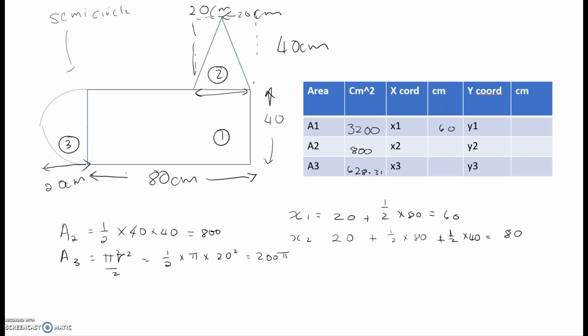So 20 plus 40 plus another 20, that gives us 80. Now for the y2, we'll come to that in a minute.